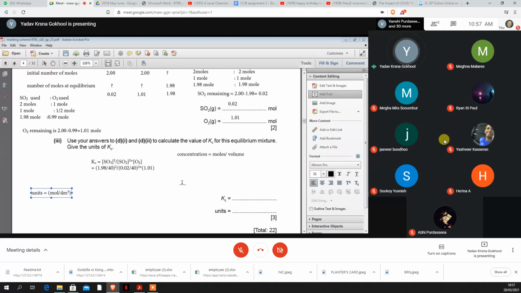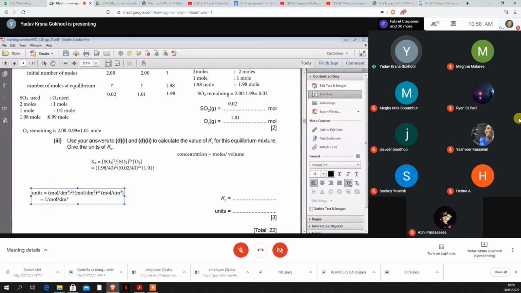The square is going to cancel out with the mole per dm cube to the square which is present in the denominator, but we have another mole per dm cube which remains. Therefore we are going to get 1 upon mole per dm cube.